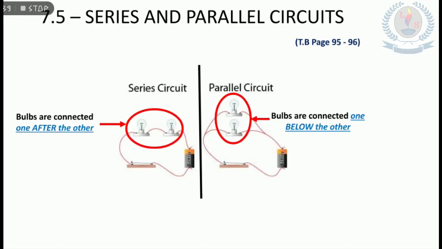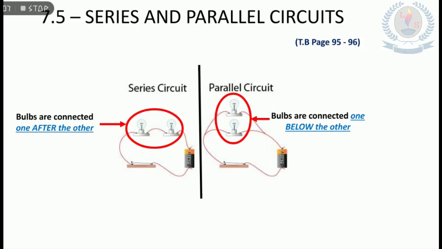Series and parallel circuits. Very first thing which we should clarify is the term series and parallel. Series means one after the other, whereas parallel means one below the other. Now look at the first circuit. There you can see the two bulbs are connected one after the other.